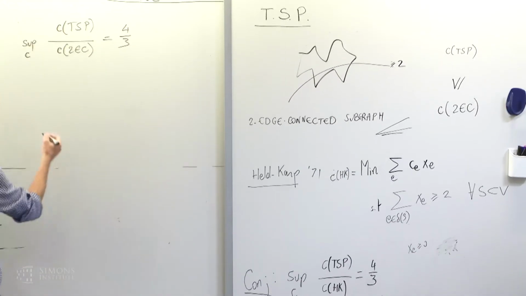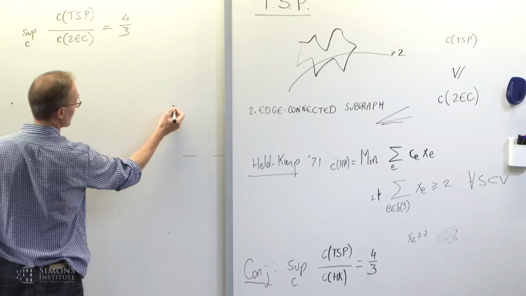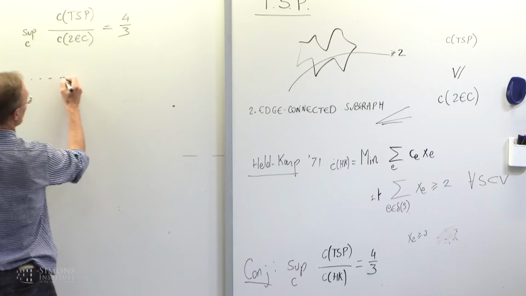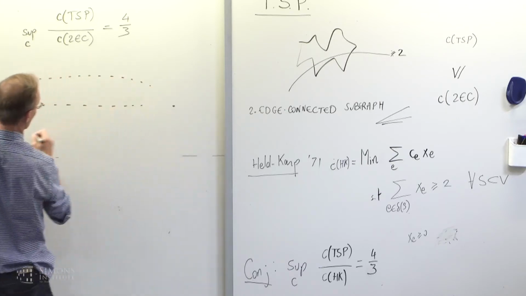And this is attained because you could have a metric in which you have, let's say, 2 points that are far away and 3 paths.